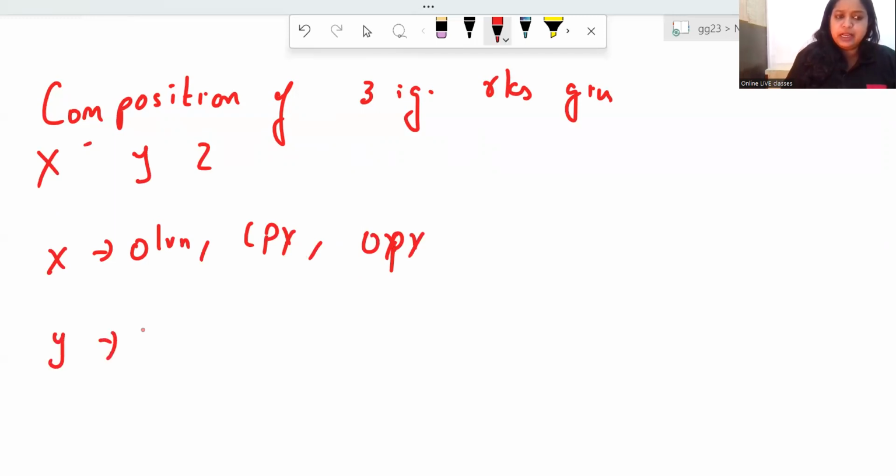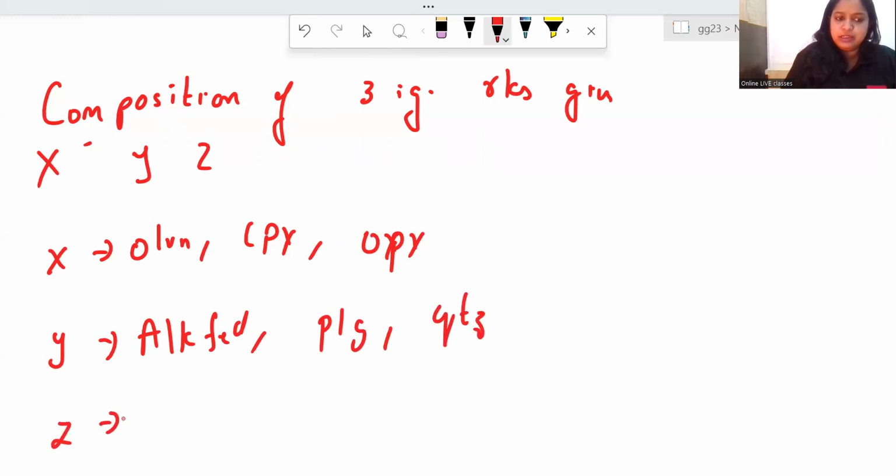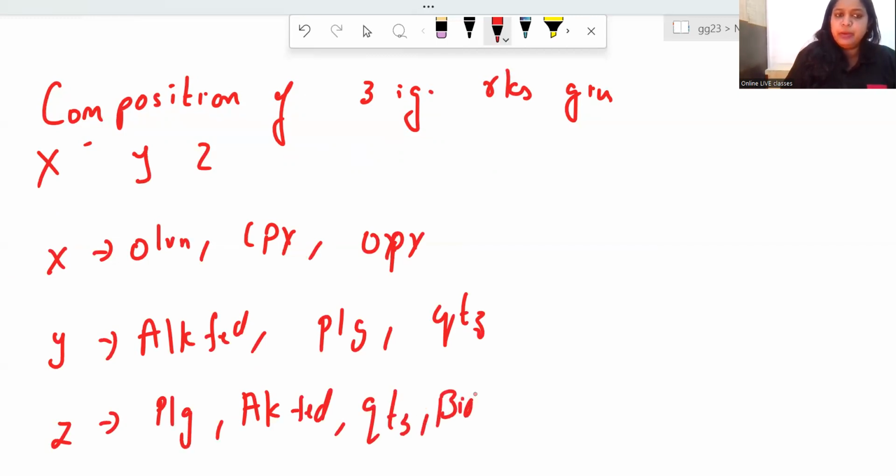Y had alkali feldspar, plagioclase, and quartz. Z is an igneous rock that consists of plagioclase, alkali feldspar, quartz, and biotite.